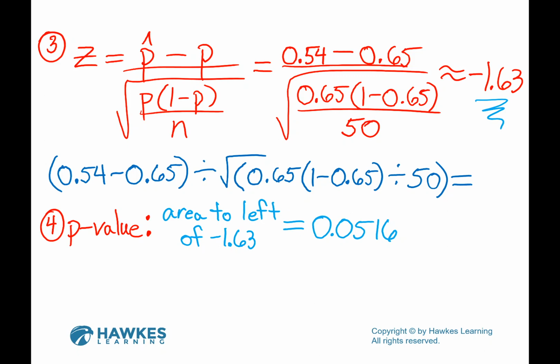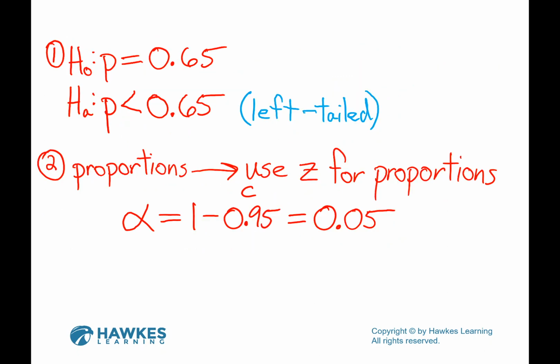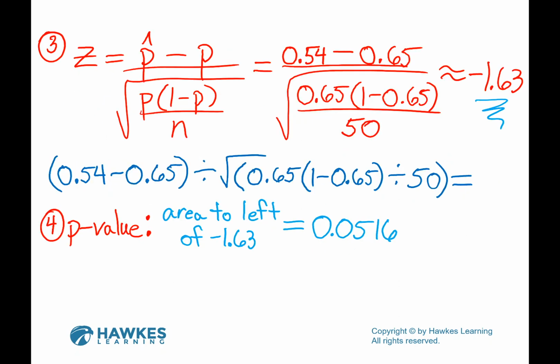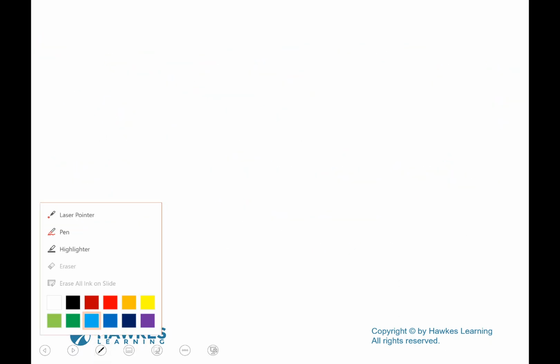All right. So now, final step, we're going to compare our p-value to alpha, which is 0.05. You don't have to write it all down again. I just like to. So I'm going to say my p-value is 0.0516. Alpha is 0.05.